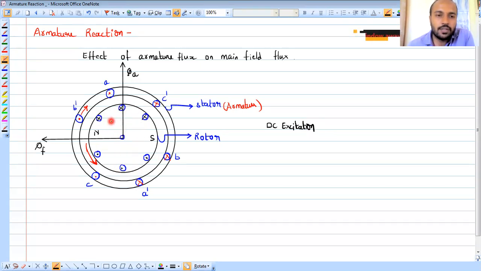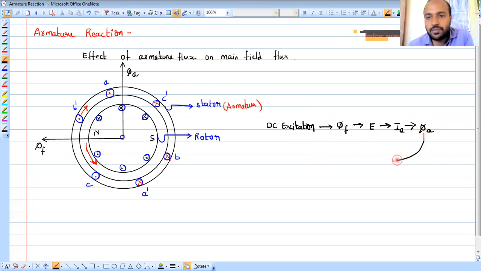This current flowing in the field winding produces a magnetic field phi F. This rotating magnetic field cuts the armature conductors and induces EMF in the armature. Isn't it right? This EMF drives the current in the armature that leads to the armature flux.